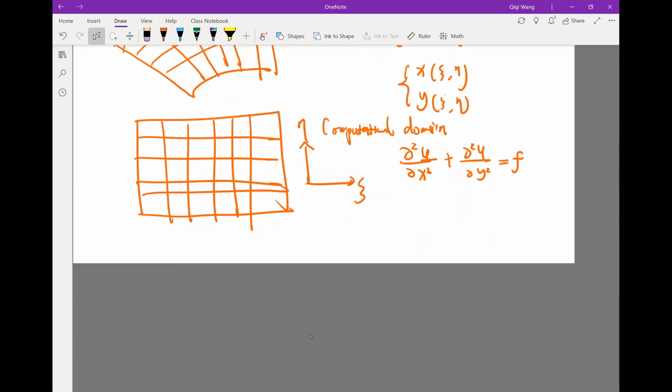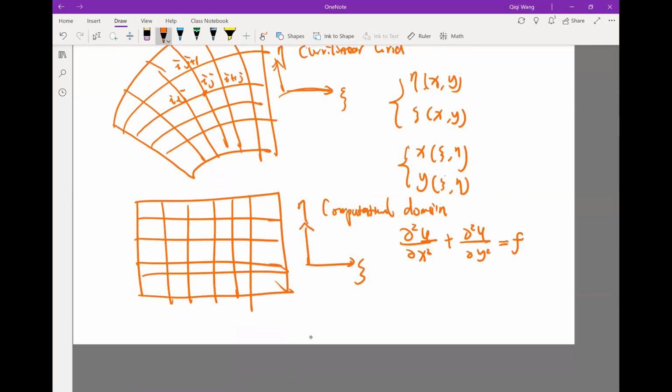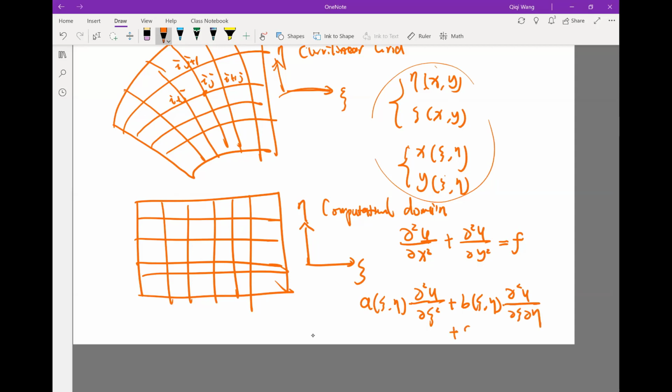You may have to transform it into something like a of xi, eta times partial squared u partial xi squared, plus b as a function of xi and eta times partial squared u partial xi partial eta, plus c as a function of xi and eta times partial squared u partial eta squared, equal to f, right?